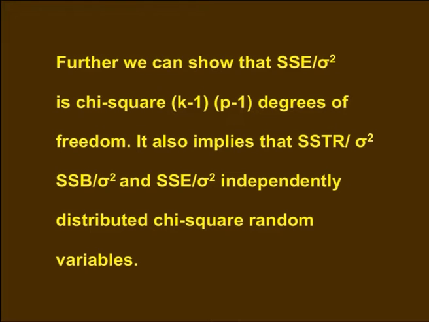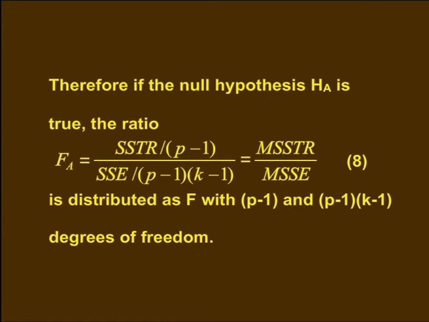It also implies that SSTR by sigma square, SSB by sigma square and SSE by sigma square are independently distributed chi square random variables. Therefore, if the null hypothesis HA is true, the ratio FA equals SSTR by its degrees of freedom p minus 1, whole divided by SSE by its degrees of freedom (p minus 1) into (k minus 1), that is equal to mean treatment sum of squares divided by mean error sum of squares, is distributed as F with p minus 1 and (p minus 1) into (k minus 1) degrees of freedom.